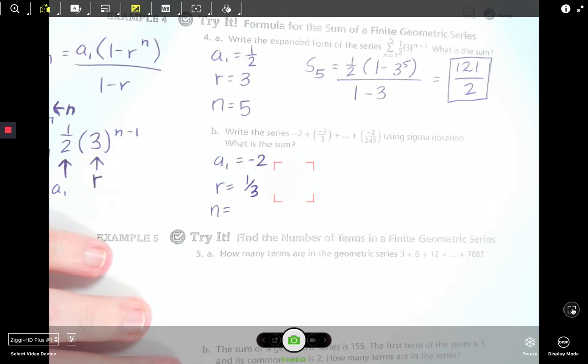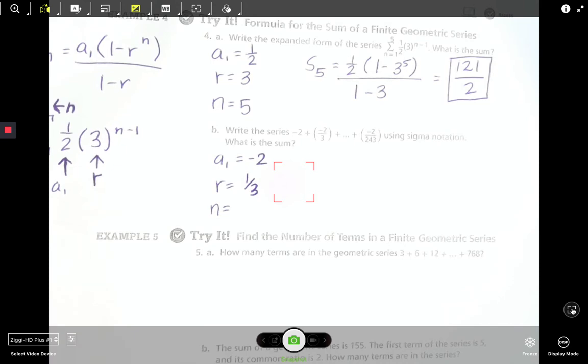And I need to figure out how many terms I have. So I guess we just have to count it up.